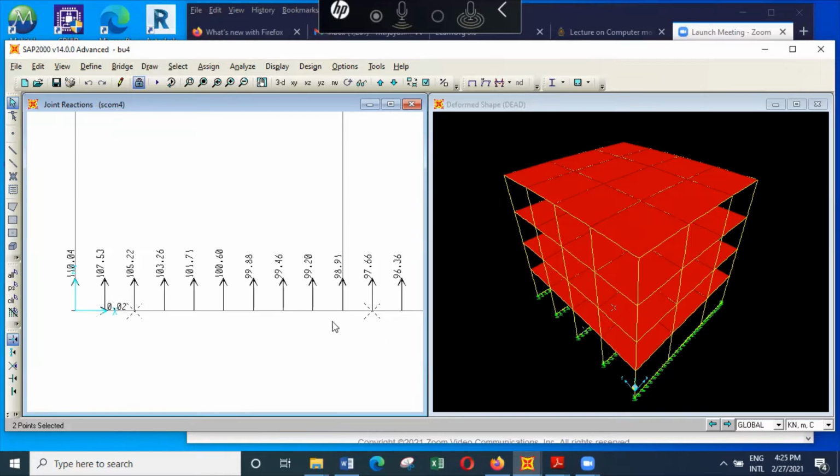So basically you can see the width of the foundation selected may not be adequate here because the net bearing capacity is 107. And because we ignore the weight of the foundation, the soil pressure in these areas also should be below 120.